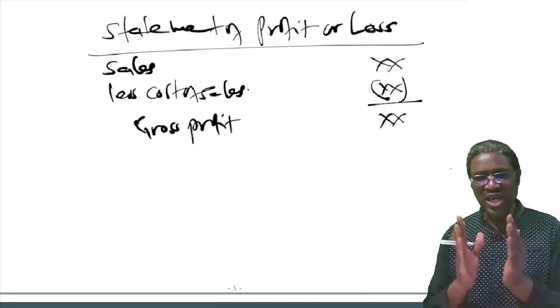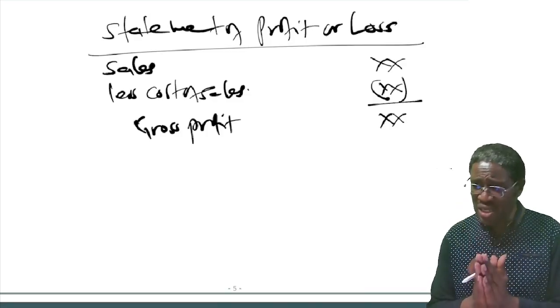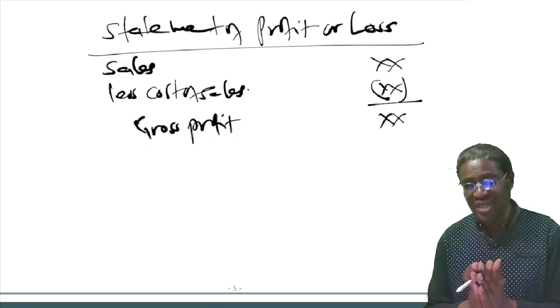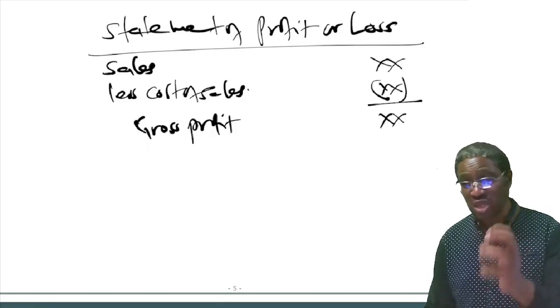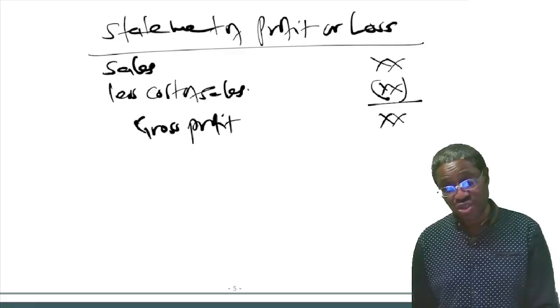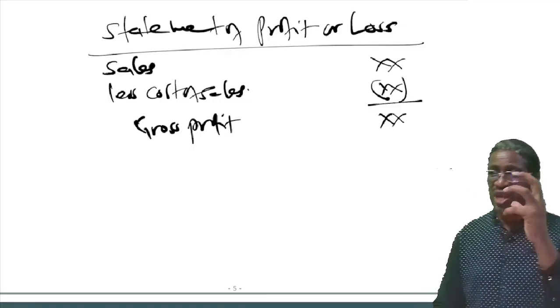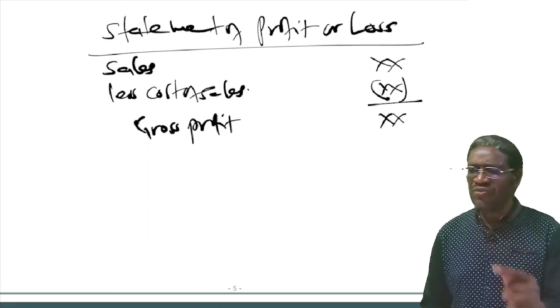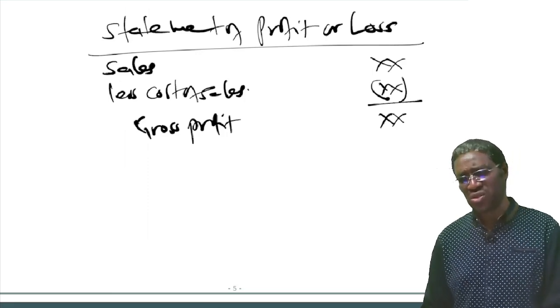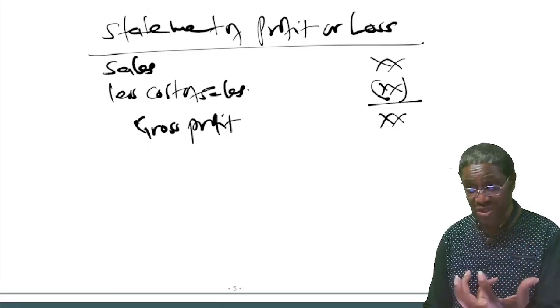Instead, those expenses that your company has incurred should be classified according to the function they perform in the organization. So you classify your expenses according to their function. One of the functions that may be performed in an organization is the administration function.